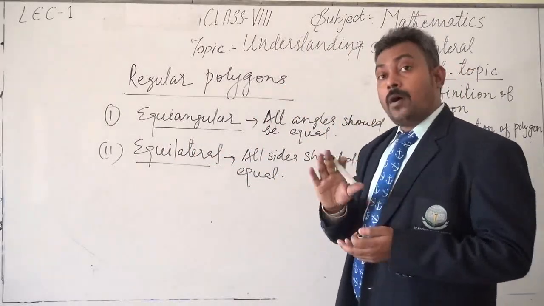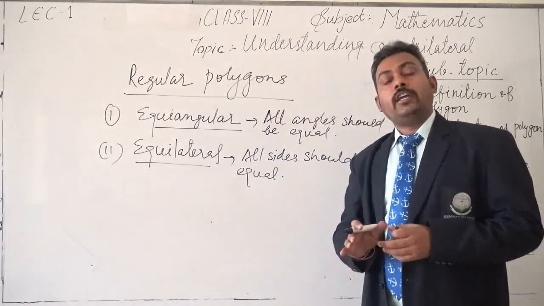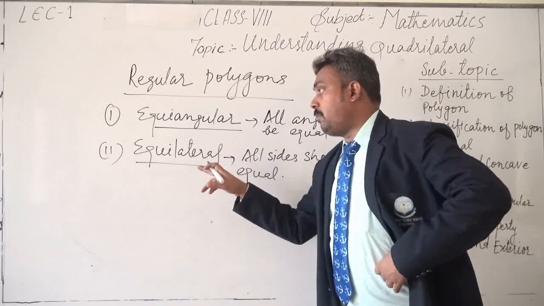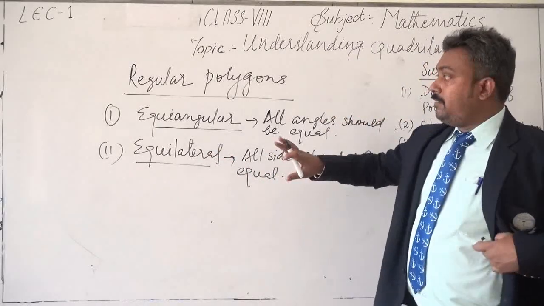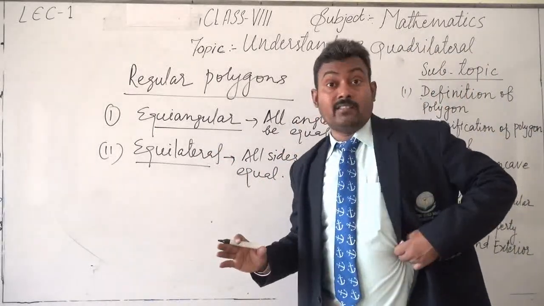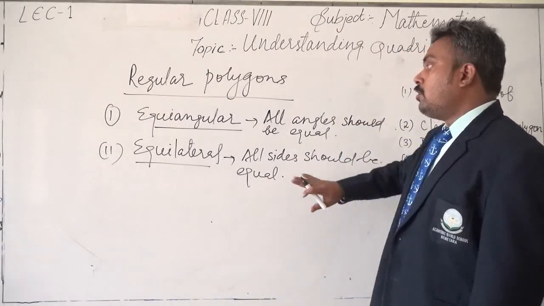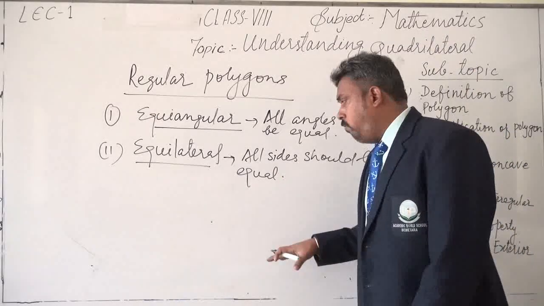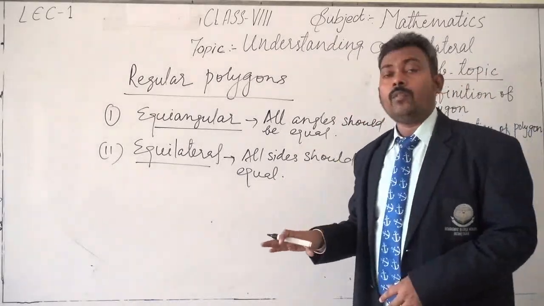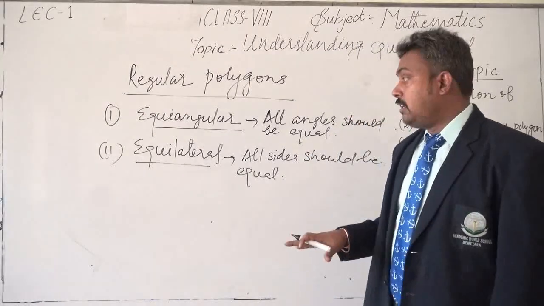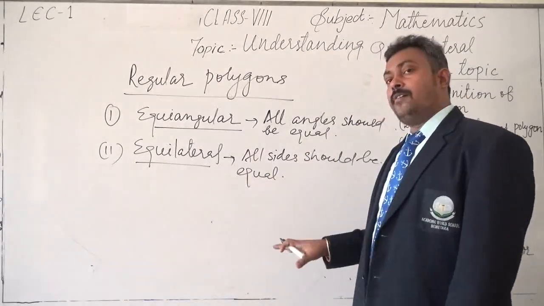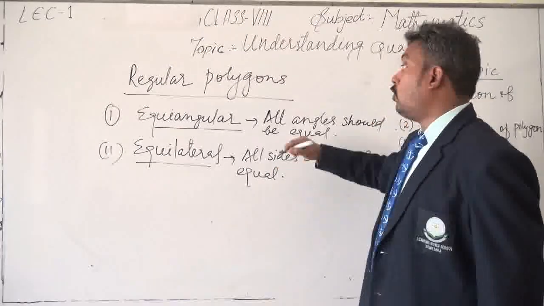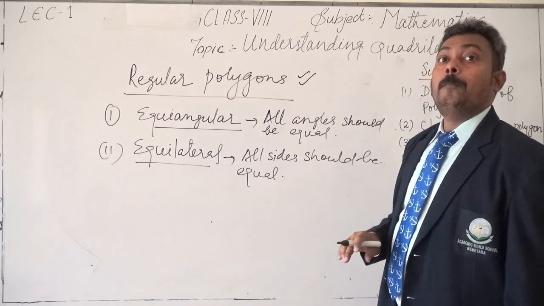Remember that whenever we are talking about just angles, we need to understand that they are the interior angles. So the measure of all interior angles should be equal, and the measure of all sides should be equal. Then such a polygon is called a regular polygon.